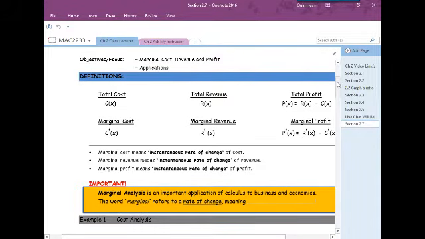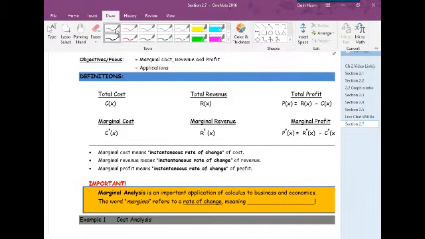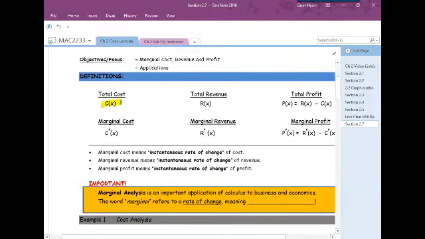So for example, if we're talking about a cost function, we will denote that as C of X. You can see your cost function notation here. The total cost of producing X units of something.